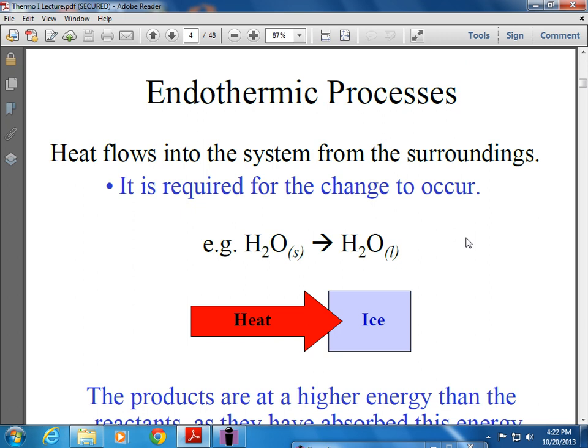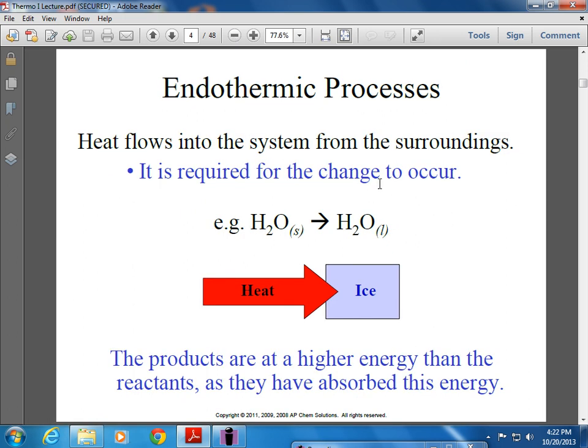So if you put your hand around a beaker that was experiencing an endothermic reaction, it's going to feel really cold to your hand. That's not because the temperature is flowing, it's the heat that's flowing. It's not cold that flows, it's the absence of heat that makes it feel cold to the touch. So in an endothermic reaction, energy is being taken out from the surroundings and put into the reaction. The products have more energy than the reactants do.